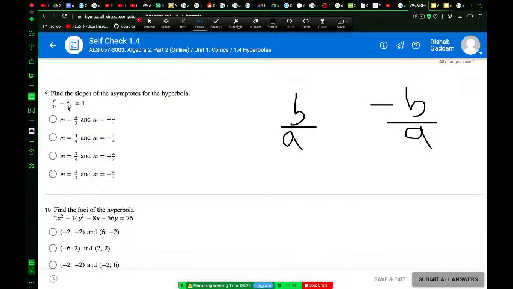And b and a are these ones. The smaller one is b, I'm pretty sure, and the bigger one is a. Which one is b and which one is a? This one is a, this one is b. The bigger number is a squared, and the smaller number is b squared.